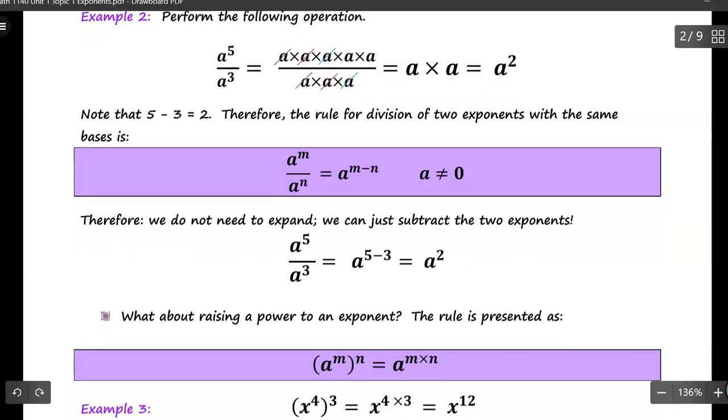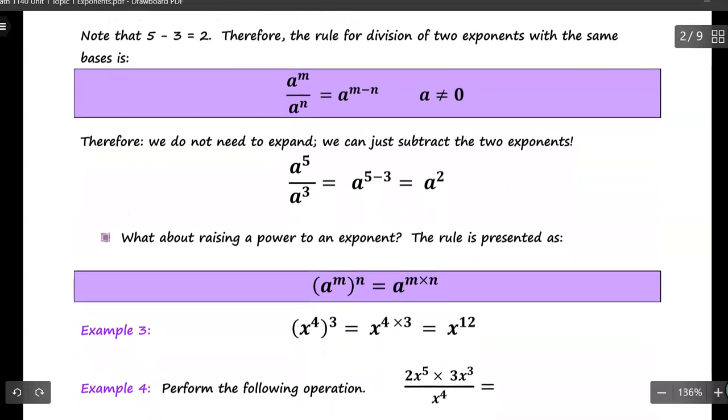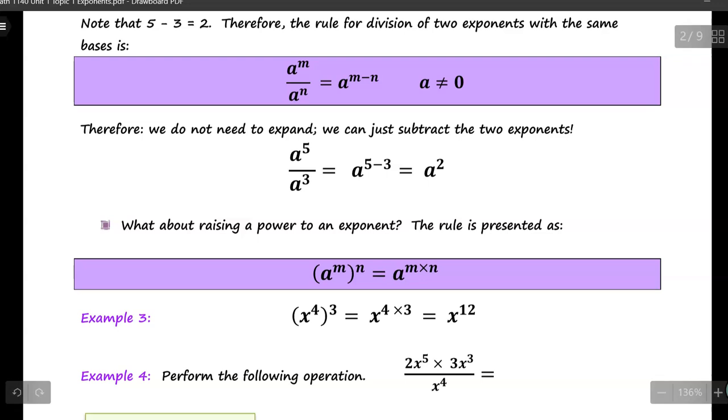What about raising a power to an exponent? The rule is that we multiply the 2 exponents together. If you have a to the exponent m, all of it raised to exponent n, you multiply the 2 exponents. If I apply the definition, it is the same concept, but I will skip that.